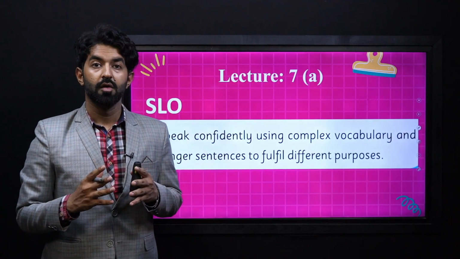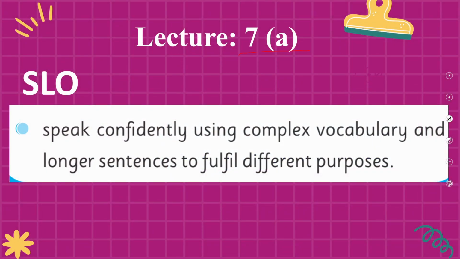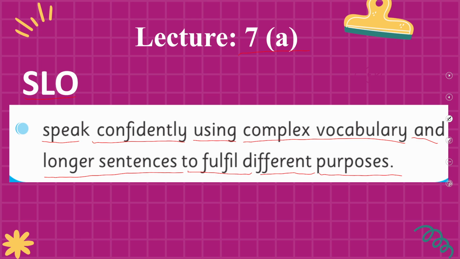Now, with lecture number 7, with 7A, it's also divided in different parts. Now, the student's learning outcome that we will be covering in this one says speak confidently using complex vocabulary and longer sentences to fulfill different purposes. Now let's see.